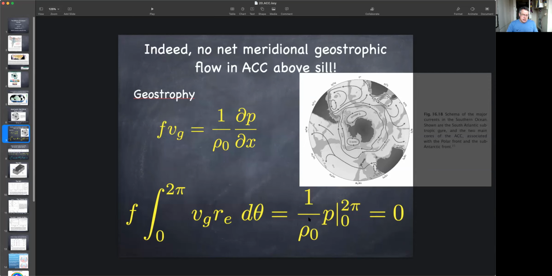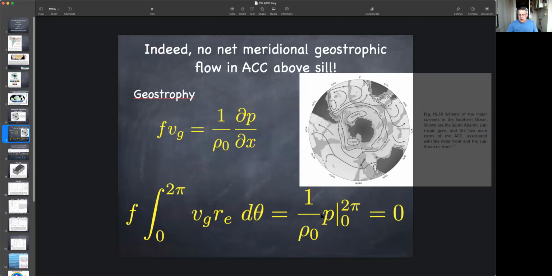Then we can do that integral, and here I'm doing it in spherical coordinates, which instead of the x gradient, I've got this is what you would get if you did a longitude integral, which is the equivalent of the x gradient. So I would get the integral of r times the longitude going from 0 to 2 pi for this side. So f times vg. So this is the integrated transport that I'd be looking for.